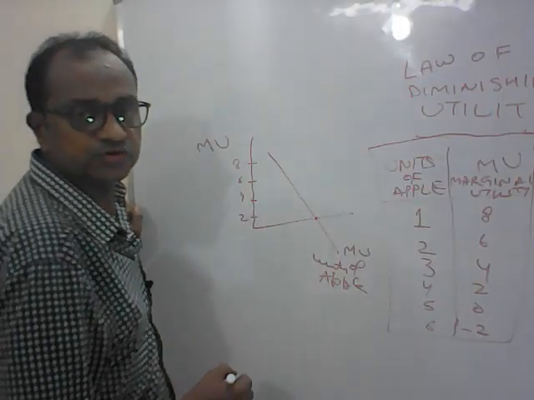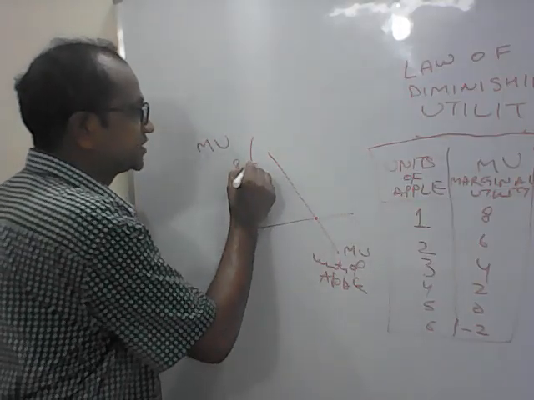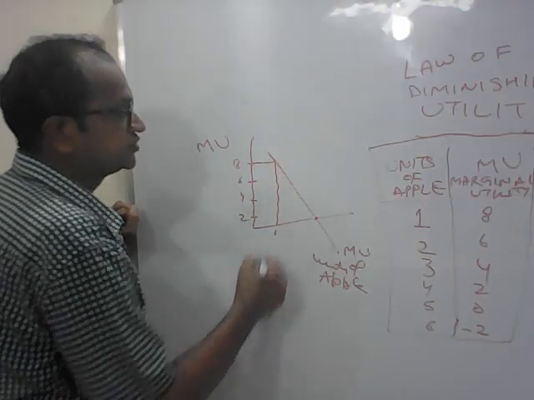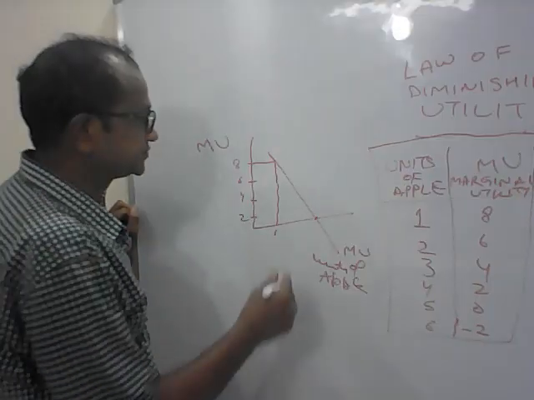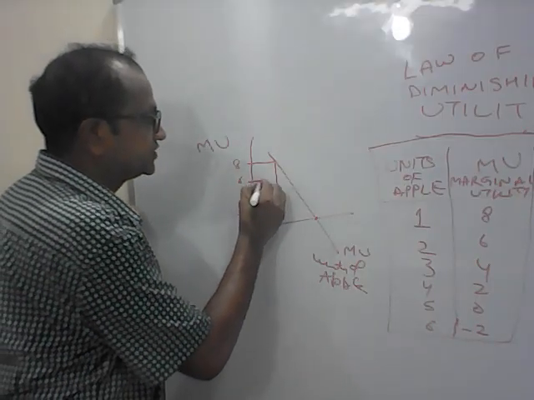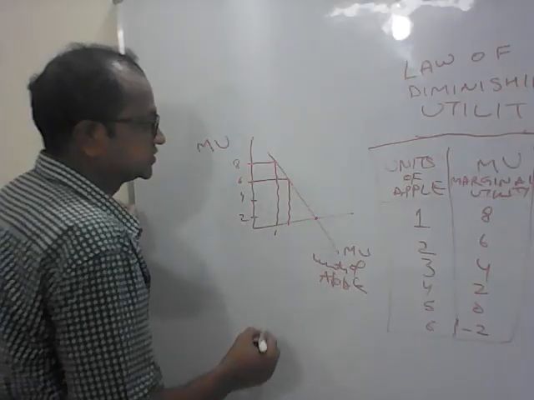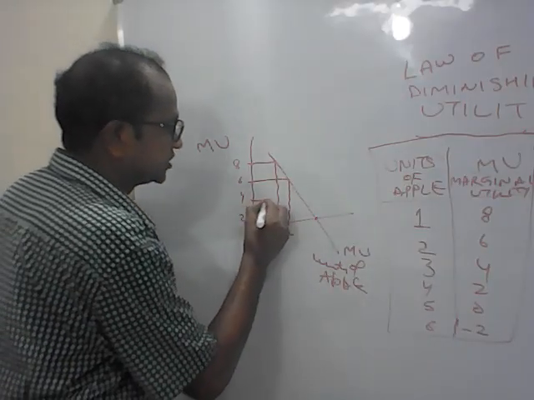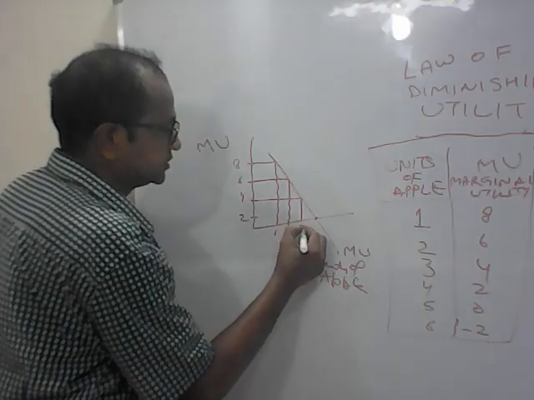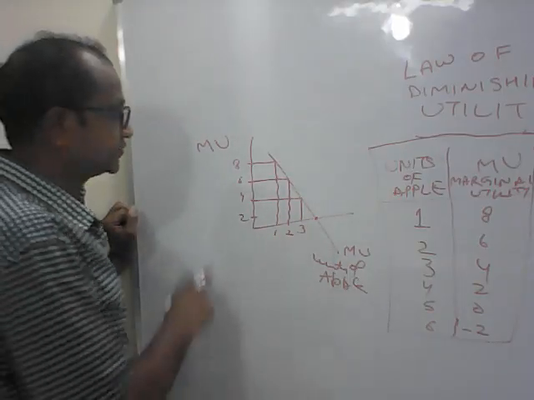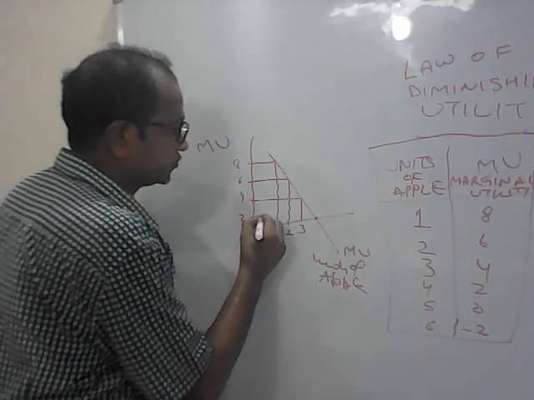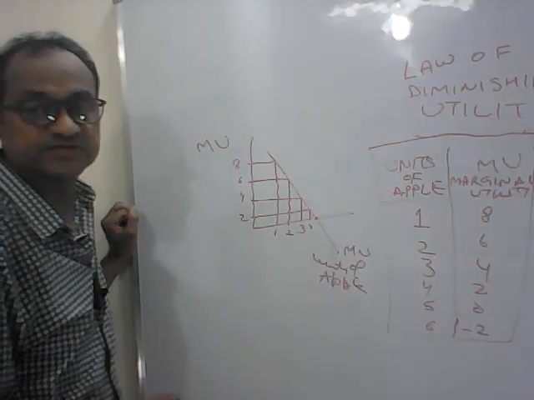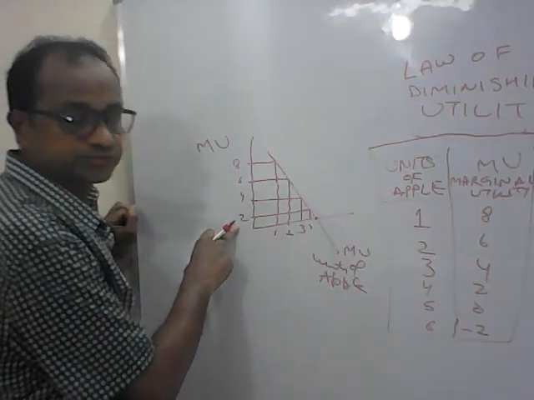Whenever a consumer consumes the first unit of apple, he gets the maximum satisfaction. On the consumption of the second unit of apple, his satisfaction level goes to 6. Then on the third apple, his level of satisfaction becomes 4, whereas on the fourth unit his level of satisfaction is only 2.